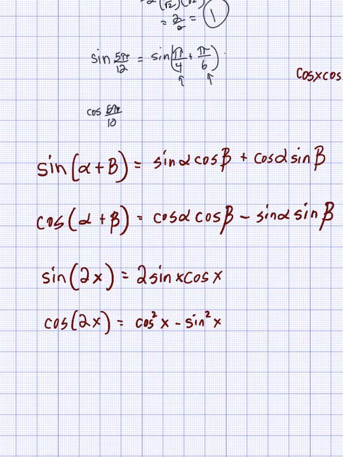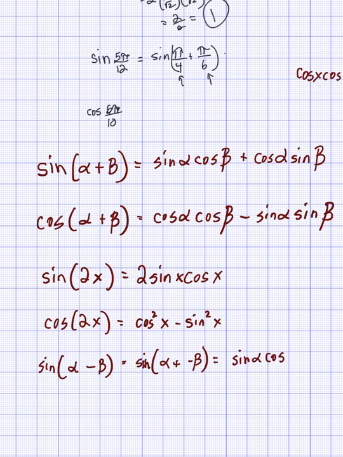All right, and you could just use those to derive, like you can even say sine of alpha minus beta, like sine of any angle minus the other. Well, that's just going to be equal to the sine of alpha plus negative beta, which is going to be the sine of alpha times the cos of negative beta.